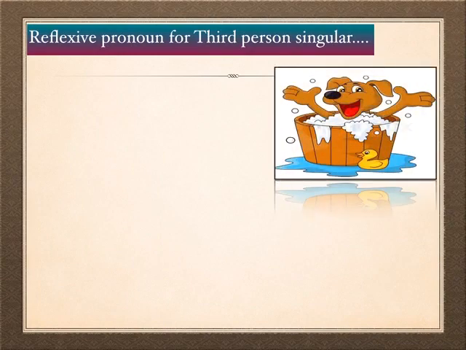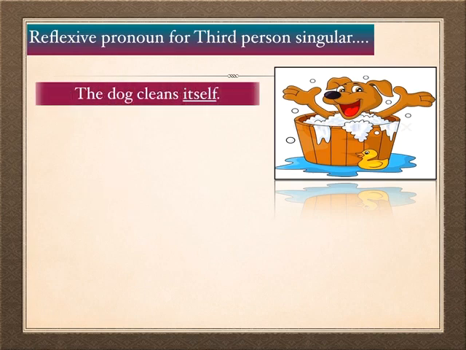Let's move on to the reflexive pronoun for third person singular neuter gender. So what can you see in this image? It says the dog cleans itself. So here the subject is the dog who is carrying out the action of cleaning, and the object in the sentence is itself. So the word itself shows the action carried out by the subject, that is the dog.